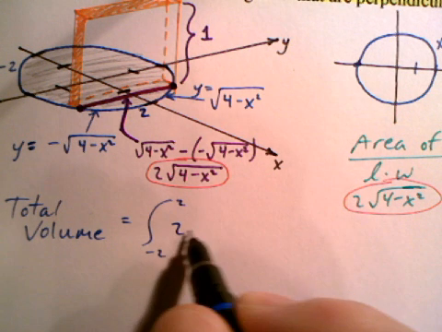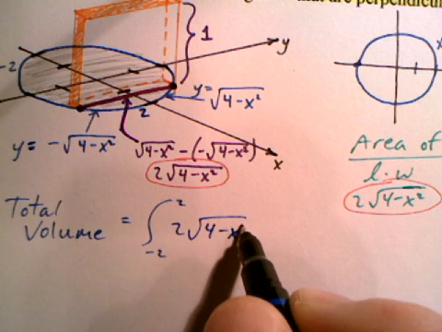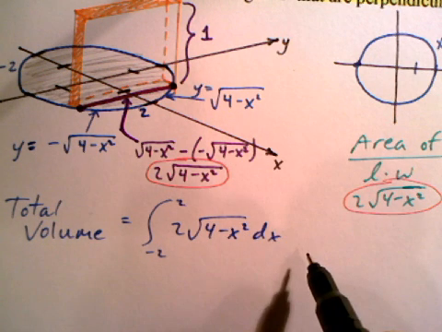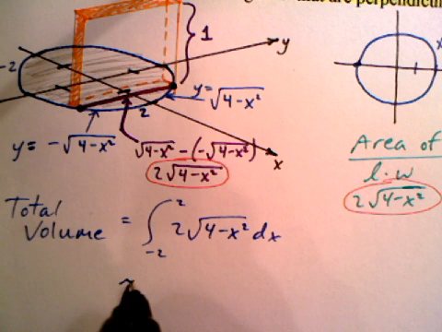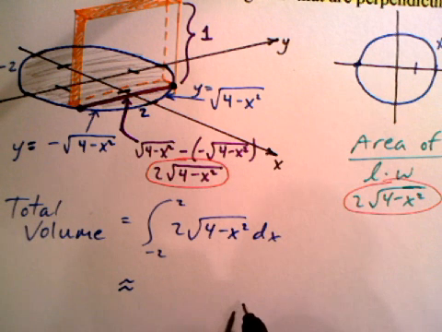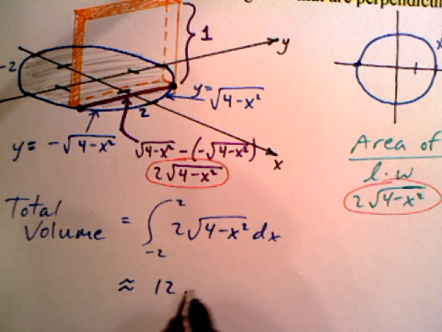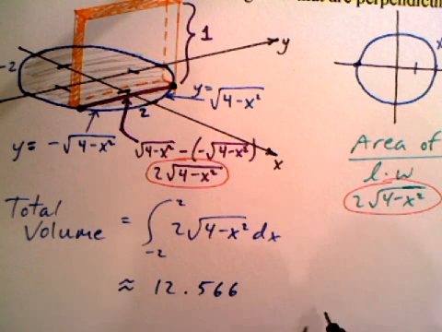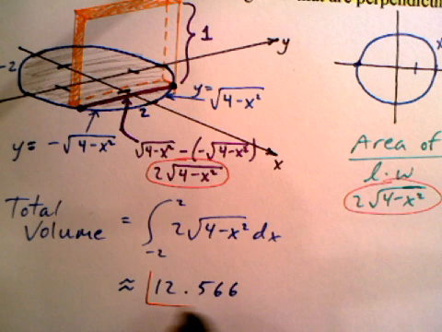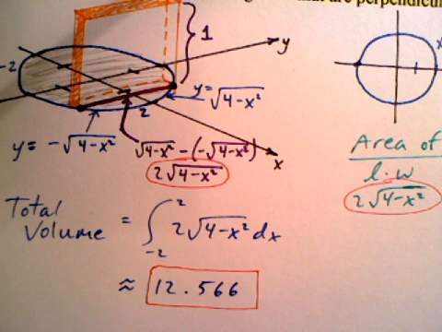Area of the face, 2 times the square root of 4 minus x squared, multiplied by the width. So the volume of one disk is right there, and when you type that into your calculator, you should get 12.566, and there you go. That took a little over 4 minutes. Let's try the next one.